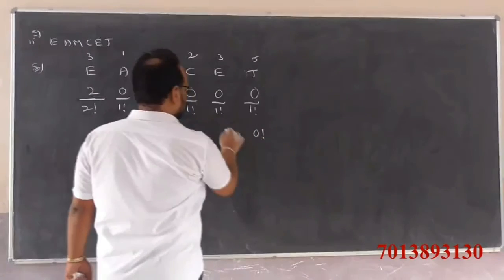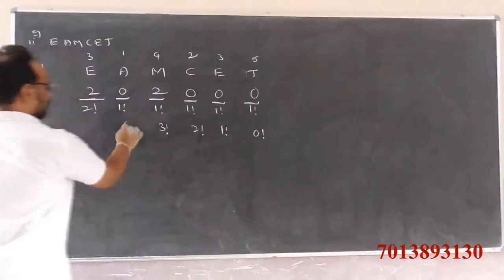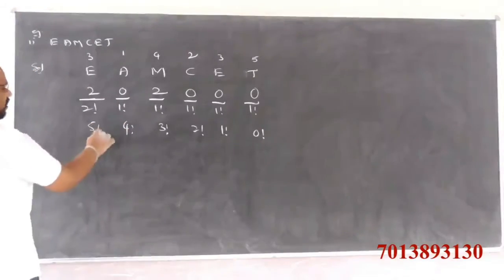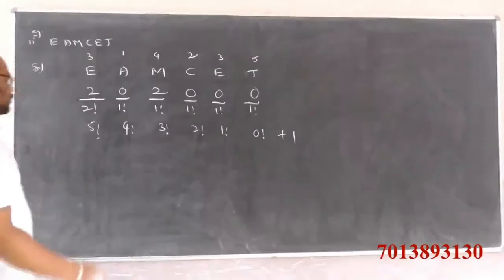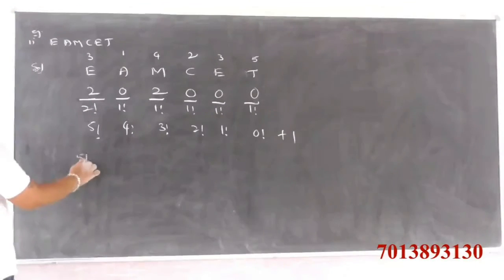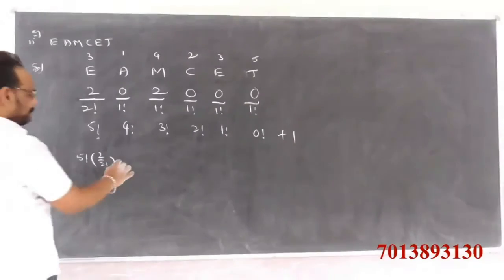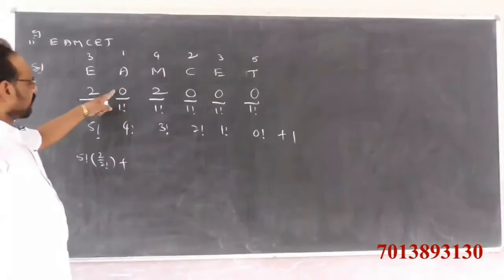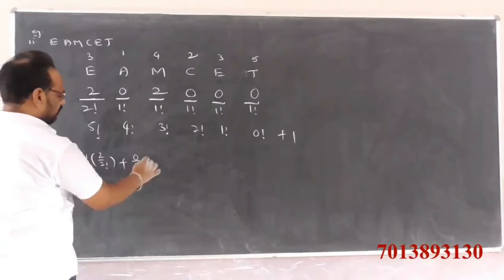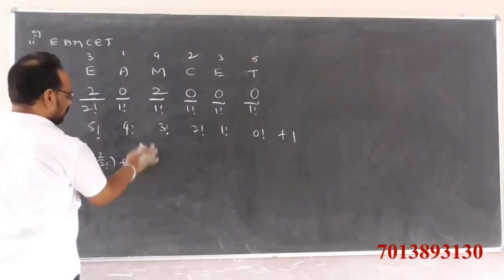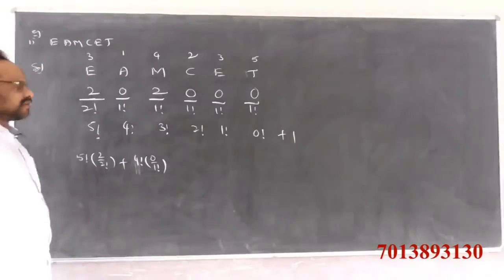Next, write 0 factorial, 1 factorial, 2 factorial, 3 factorial, 4 factorial, 5 factorial plus 1. So clearly this is 5 factorial into 2 by 2 factorial, plus 0 factorial, 0 by 1 factorial, plus 4 factorial into 0 by 1 factorial.